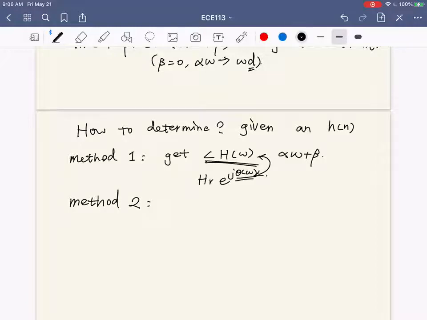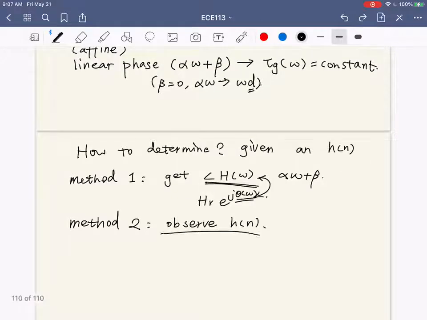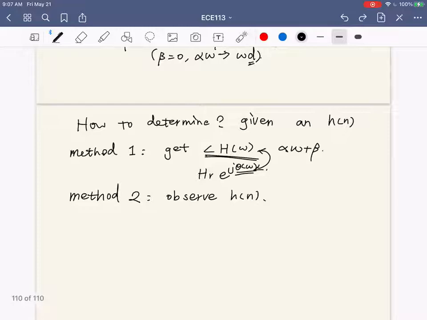So here comes our method 2. It is to just observe h of n itself. Because we are given h of n, it takes some time to calculate H of omega, the DTFT. If we can know if it is linear by only observing h of n, it would be great, right? So given h of n, we can first conclude if it is IIR or FIR.